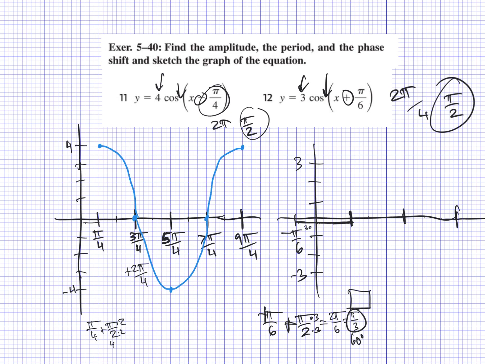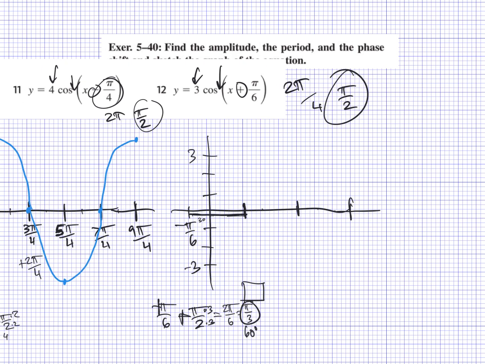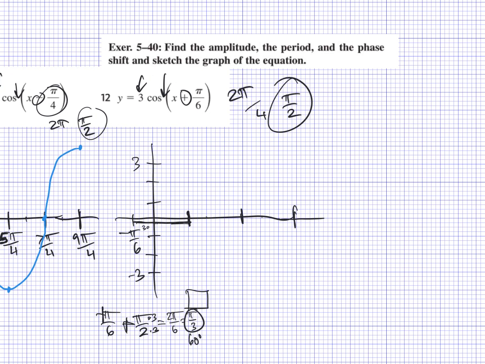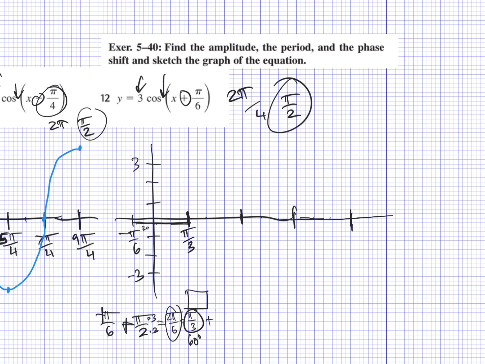And of course, we need to go further. So we're going to move this over. And 1, 2, 3. There's the end. Okay, so what is that? That was pi over 3, or 2 pi over 6. So 2 pi over 6 plus another 3 pi over 6 gives me 5 pi over 6.